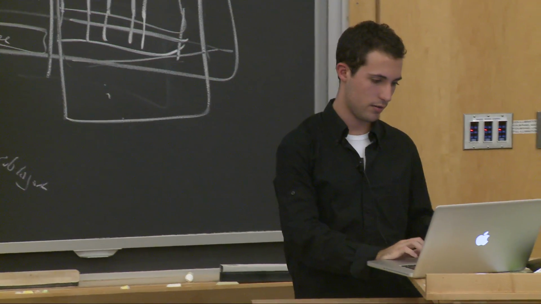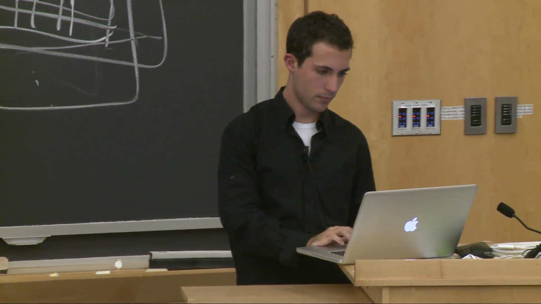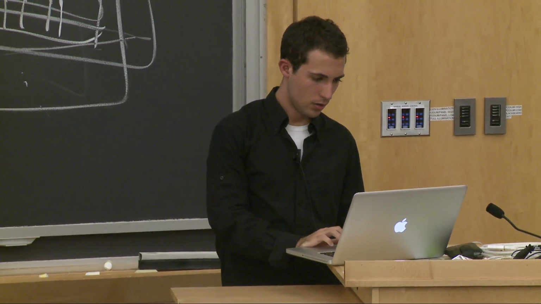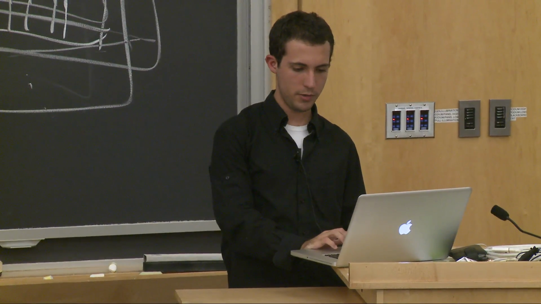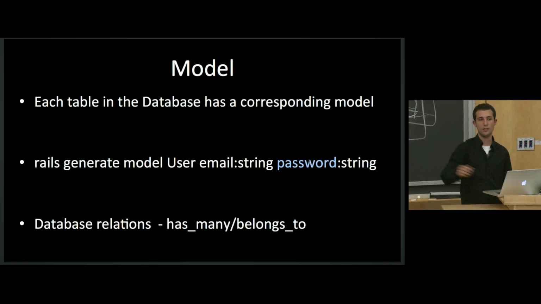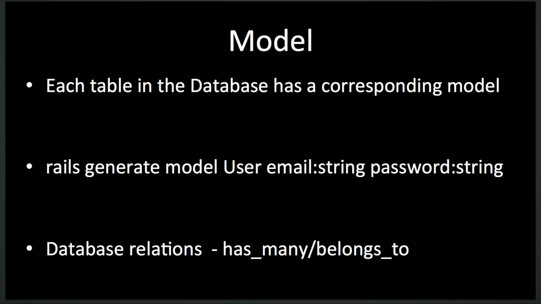We had that here. Just create that model. Yes, Rails generate model user email string password string. And then you create a controller that deals with the user, and you can create new users and do those kinds of things. And then you can move on to creating the rest of your website.